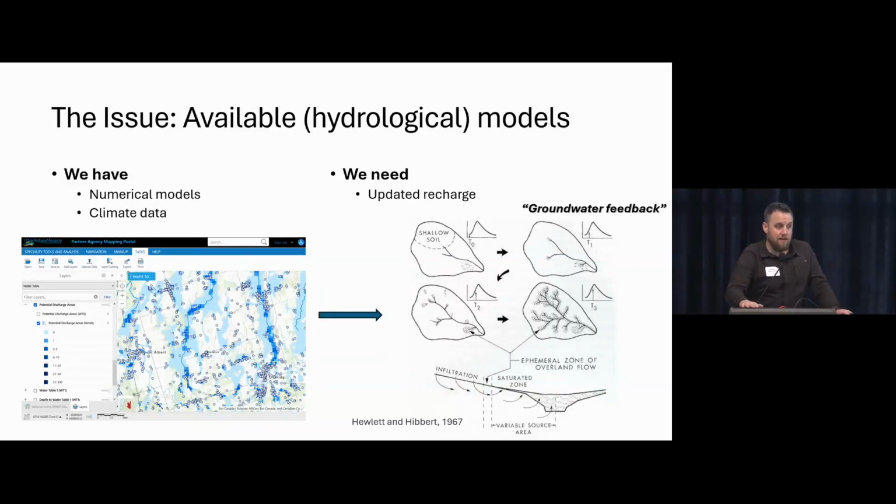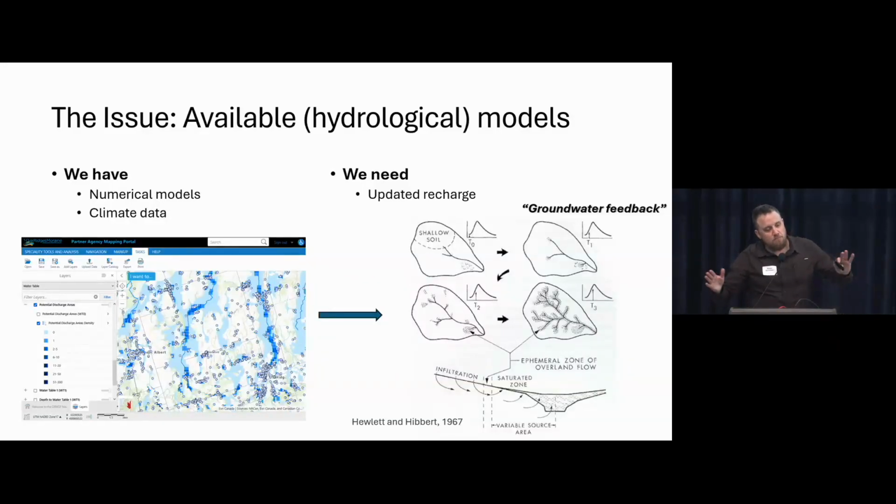There's seasonality, there are hydro periods, which we'll hear about coming up next, but there's also the concept of runoff generation in general. The models typically take an approach where if the rate of rainfall exceeds the rate of infiltration, you get runoff. I don't think that's the case in our region, primarily because we don't get the intensities that a lot of those models were empirically calibrated to, or designed for.